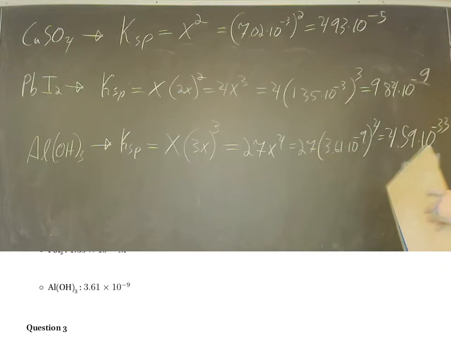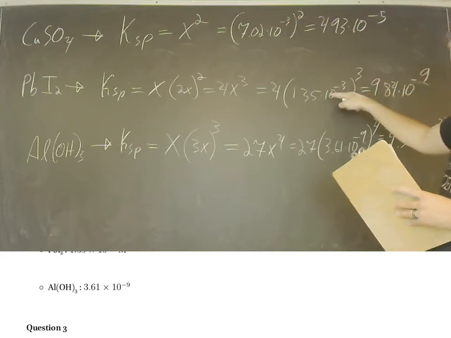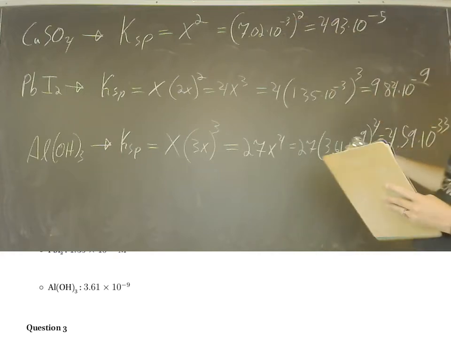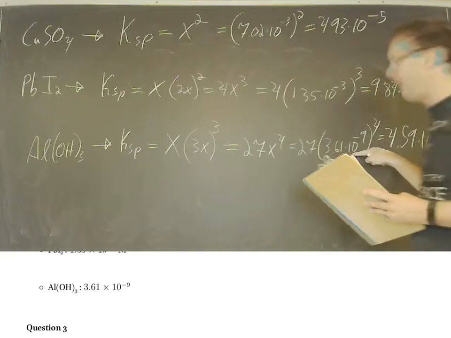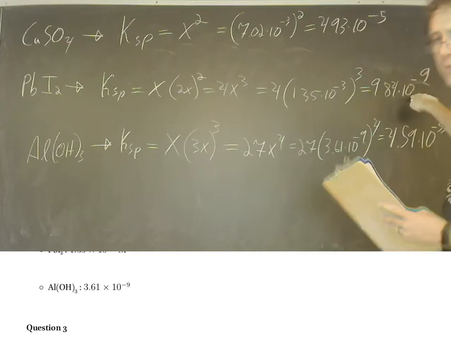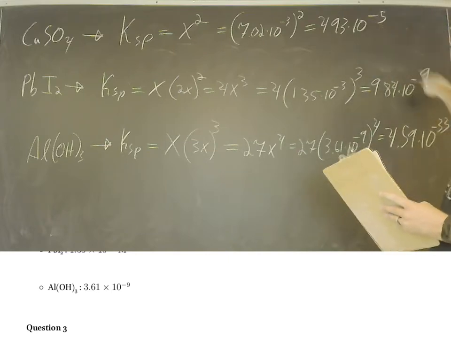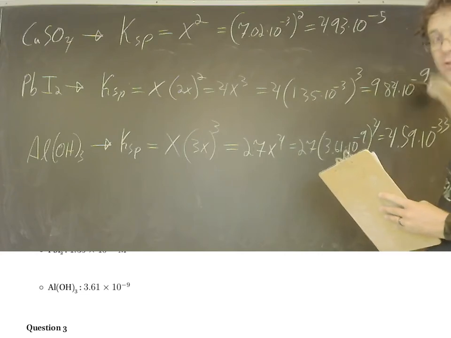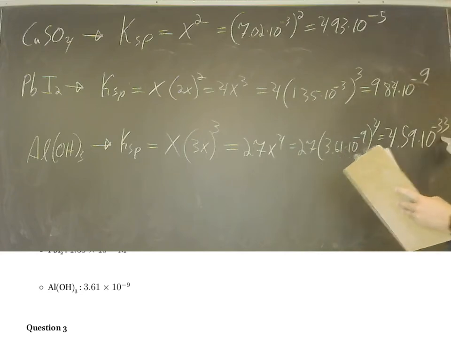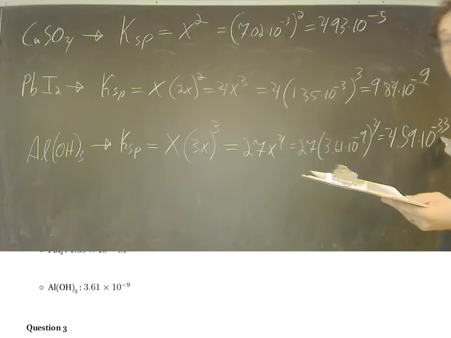And you may notice these molar solubilities are pretty similar. This one's only off by a factor of 10 to the 6th, but their KSPs show a much wider variability. For example, this is a factor of 10 to the 4th power, and this is a factor of, like, the 20th or so power.